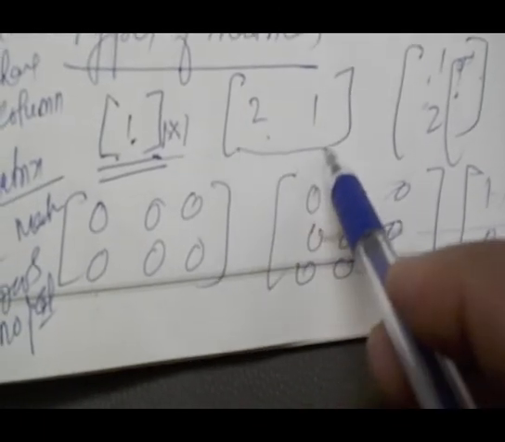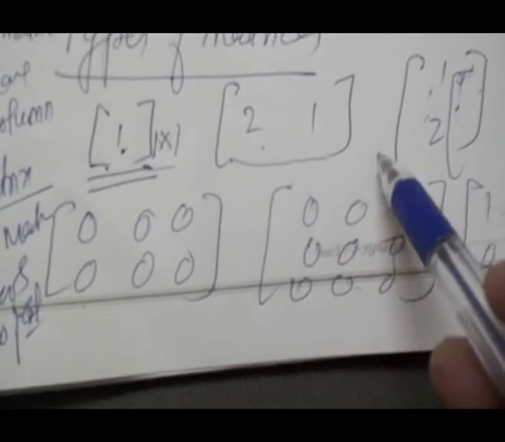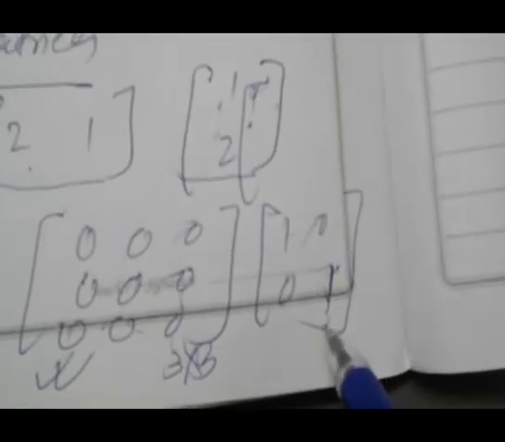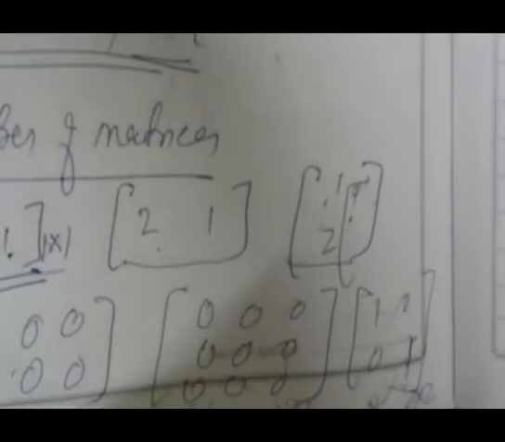Is this one? No, it is one row and two columns. Again no, two rows and one column. Again not, two rows and three columns. What about this? Yes, this is a square matrix: three rows and three columns. Yes, two rows, two columns, a square matrix. So the third kind is the square matrix.